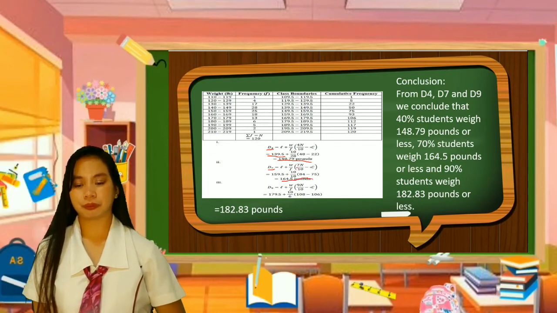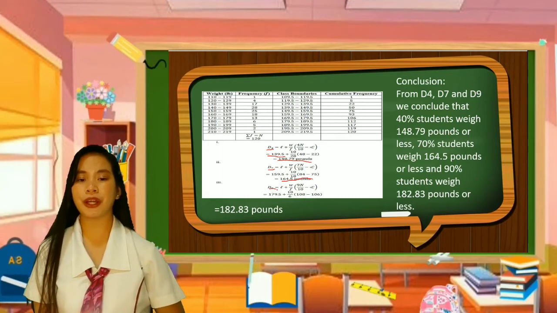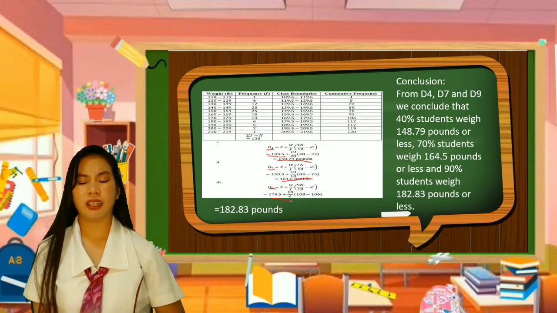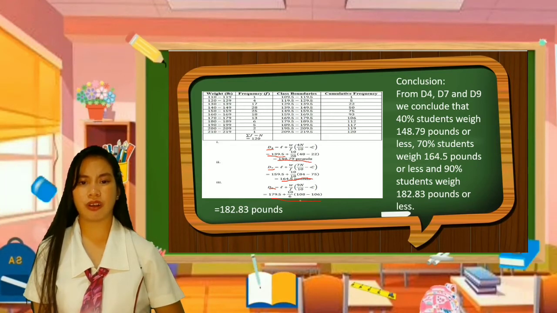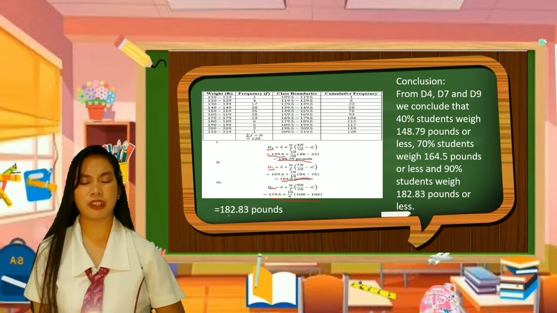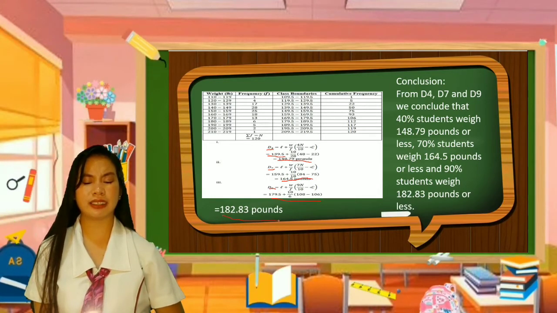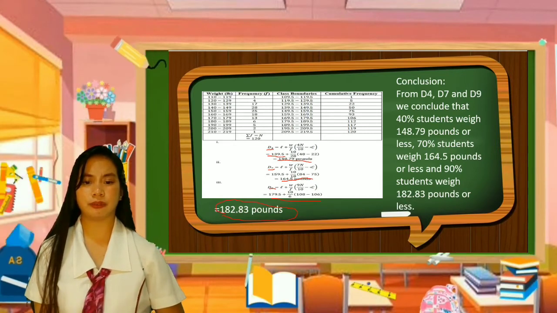And lastly, the 9th decile. 179.5 plus 68 over 6 times 108 minus 106 equals 182.83 pounds.